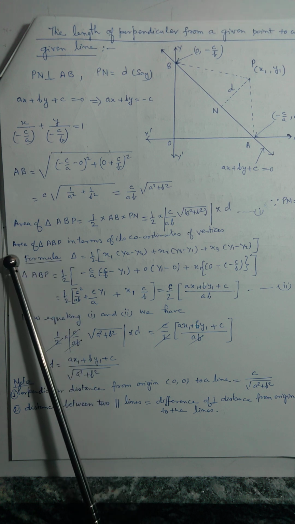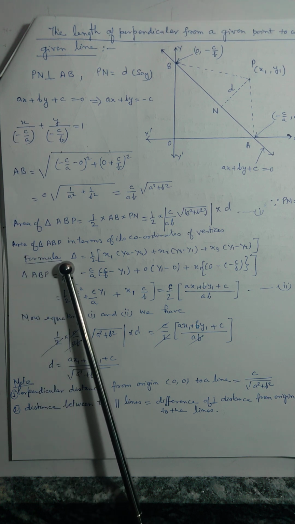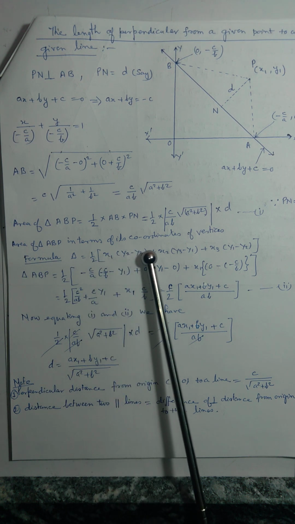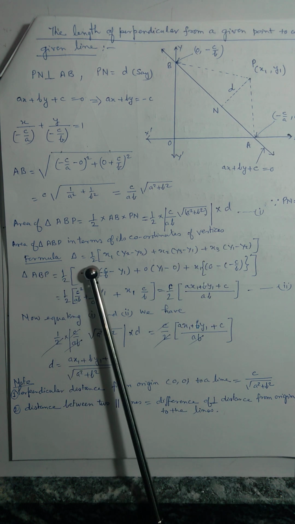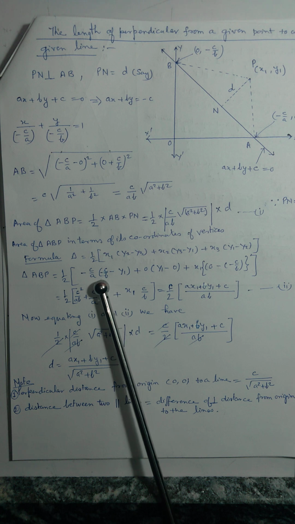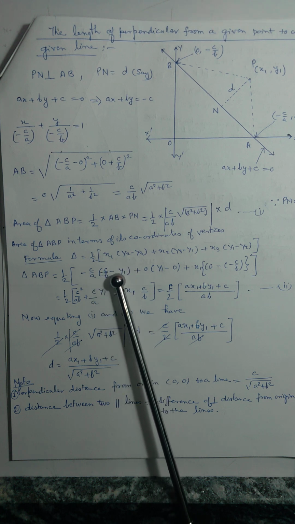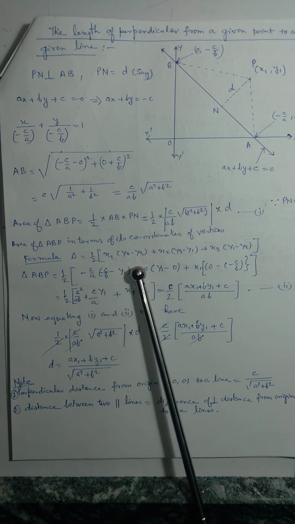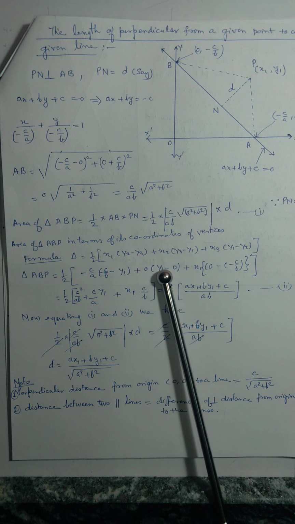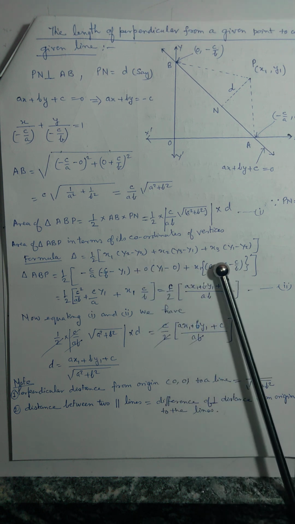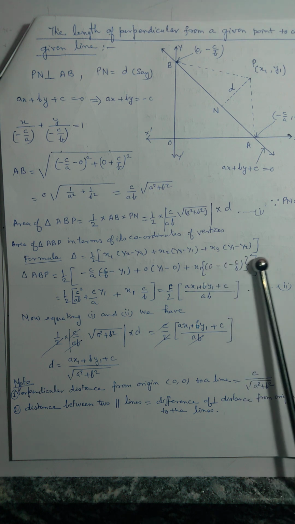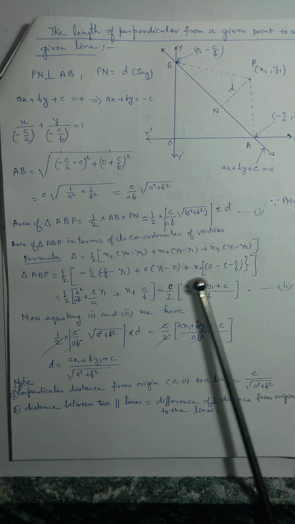The formula which I have used here is 1 upon 2 inside the bracket x1 into y2 minus y3, plus x2 into y3 minus y1, plus x3 into y1 minus y2, bracket closed.